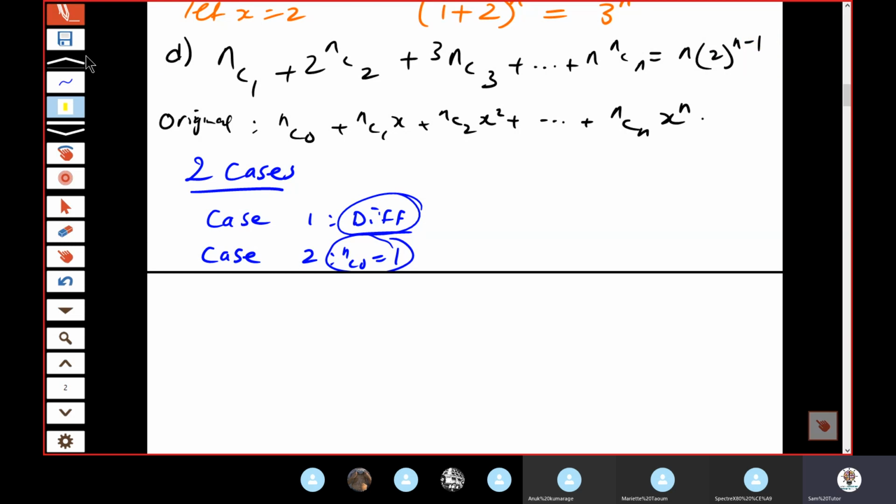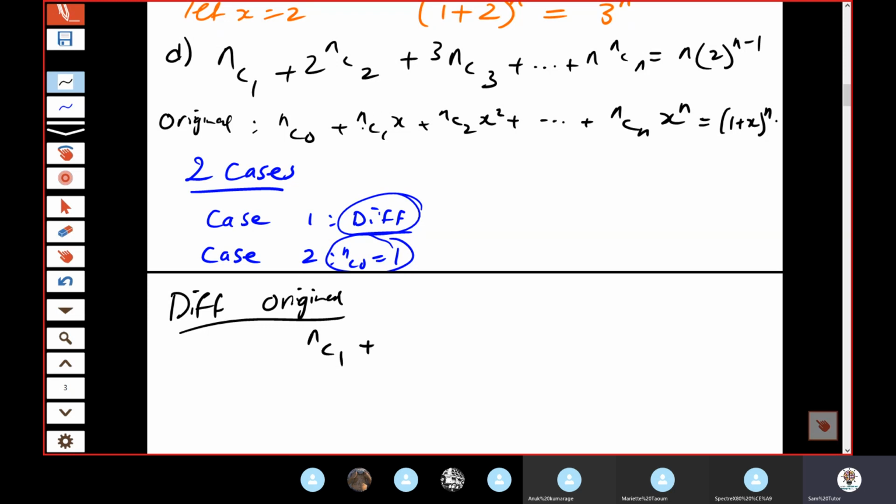Let's do it. The original was 1 plus x to the n. So I'm going to differentiate the original. If I differentiate the original, n choose 0 is gone, n choose 1 x becomes n choose 1.